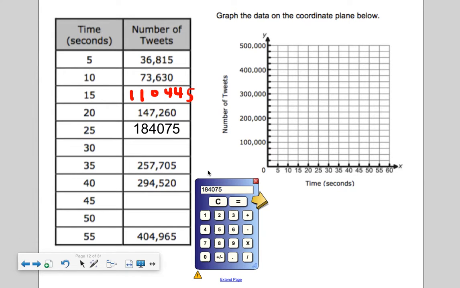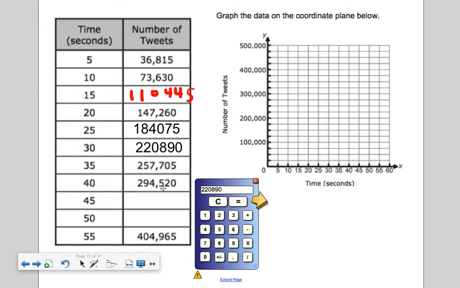I don't even have to write it down now. So all right, so let's think. If at 20 seconds there are 147,260 tweets, plus in 10 seconds there are 73,630 tweets, there will be 220,890 tweets in 30 seconds.